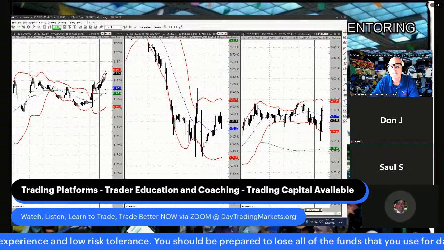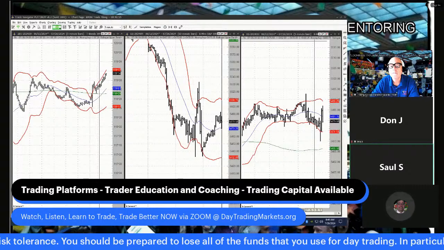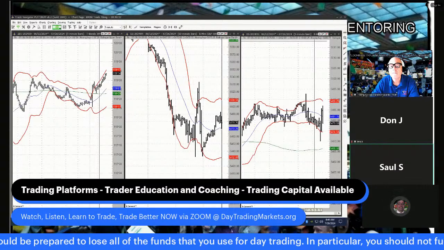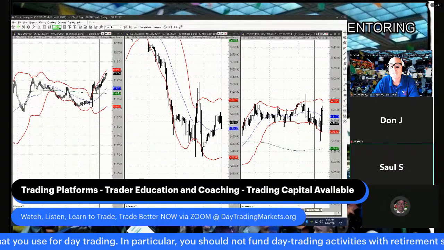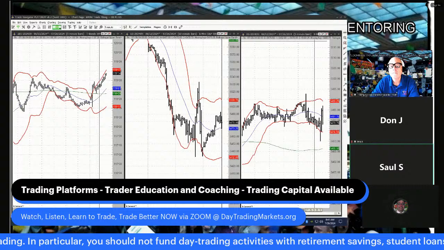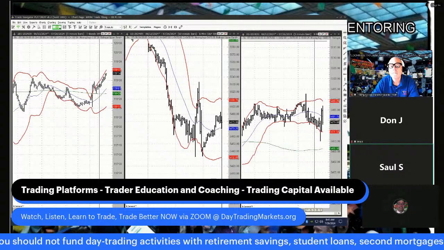All right, well, we'll come back down here to our pivot again. It's a choppy little trade right now after bouncing against our first support area there.